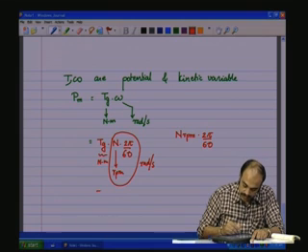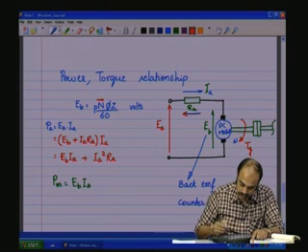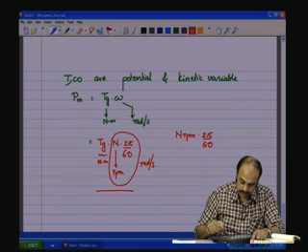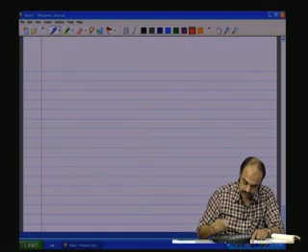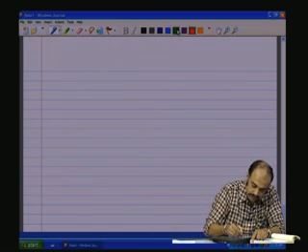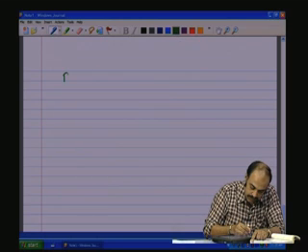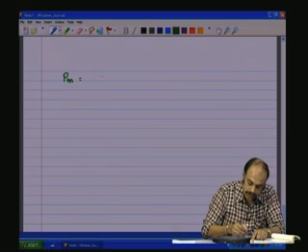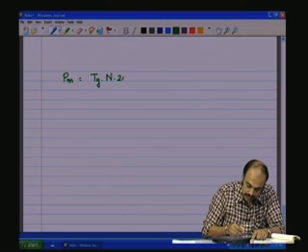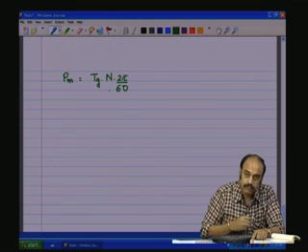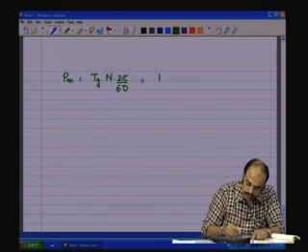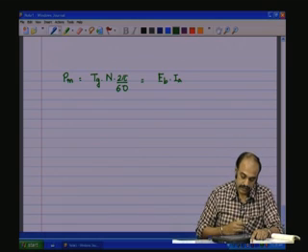Okay, equating this along with this, we have on one side Pm, which is equal to Tg into n into 2 pi by 60, which is also equal to Eb into Ia on the electrical side.